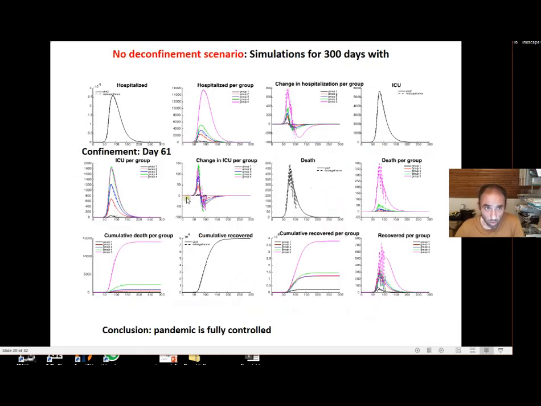Now we ran the simulation with the monitoring of the parameter I showed you previously, after 300 days, for the number of hospitalized per group. And you see that in all these cases, the ICU is not saturated, neither the hospital, and everything is terminated here after 200 days. We didn't include here any effect of the noise that could suddenly lead to a regeneration of the pandemic.